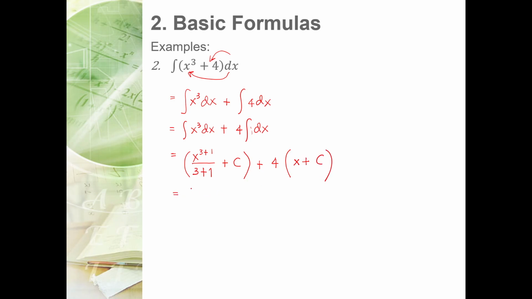So finalizing your answer: x to the power 4 all over 4 plus c plus 4x plus 4c. So the final answer is x to the power 4 all over 4 plus 4x. Instead of 5c, we put just c.